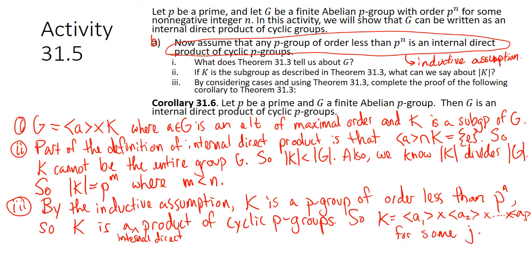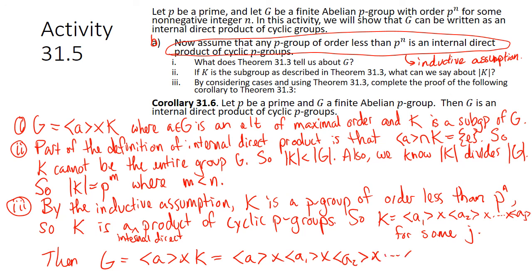Okay, so then G is going to be equal to, remember G was the cyclic subgroup generated by a times K, so this will be the cyclic subgroup generated by a times a1 times a2, and so on and so forth. Okay, and that's it.